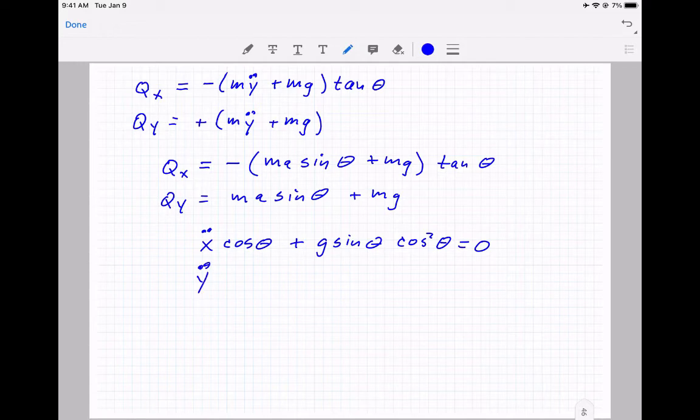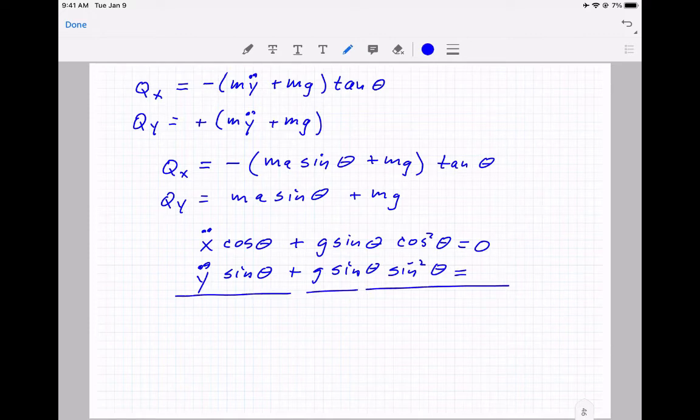I have y double dot sine theta plus g sine theta sine squared theta. That was the point of multiplying through by cosine and sine, so that when we add these together, the cosine squared plus sine squared equals 1. And x double dot cosine theta plus y double dot sine theta, so we're just adding these together. And what we simply get is s double dot.